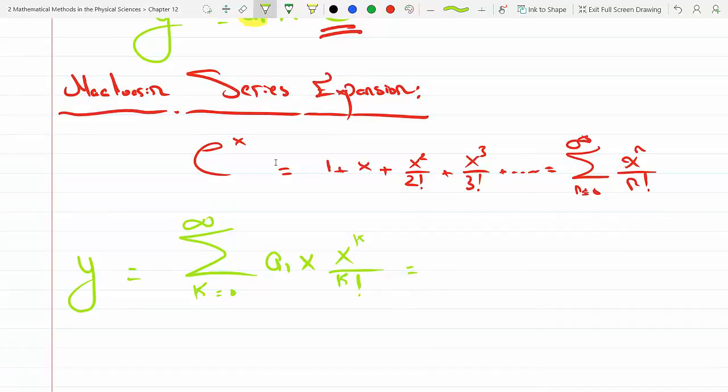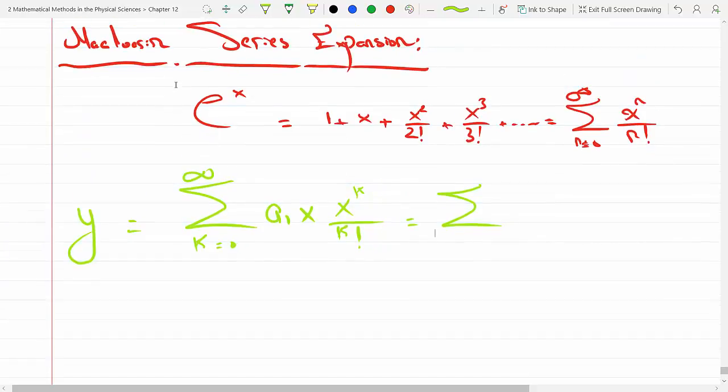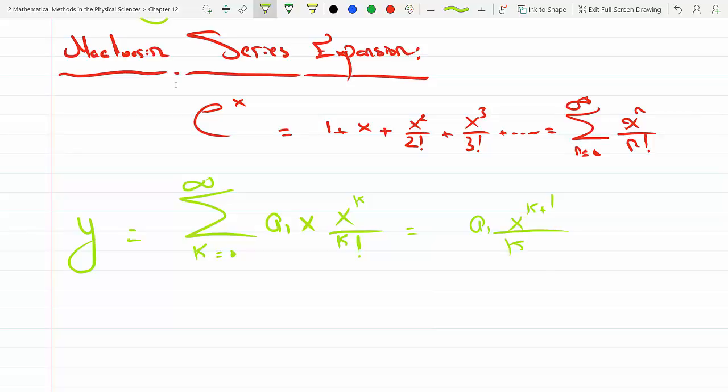So this is going to become, looking directly at what I had originally, notice that if I factor out x to the k, this is going to become a1 x to the k plus 1 over k factorial.